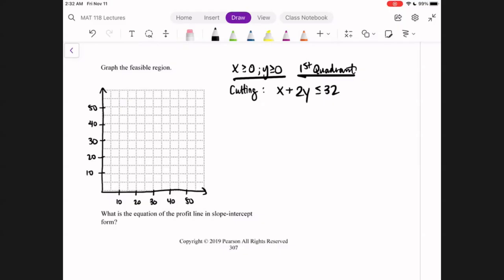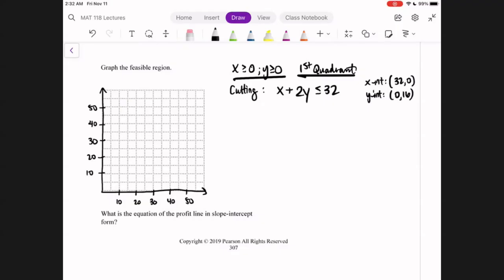It might be a value at 5 and a value at 10, or a value at 20 and 30. For this first one, the x-intercept is 32, 0 and the y-intercept is 0, 16. I'm going to graph these two.